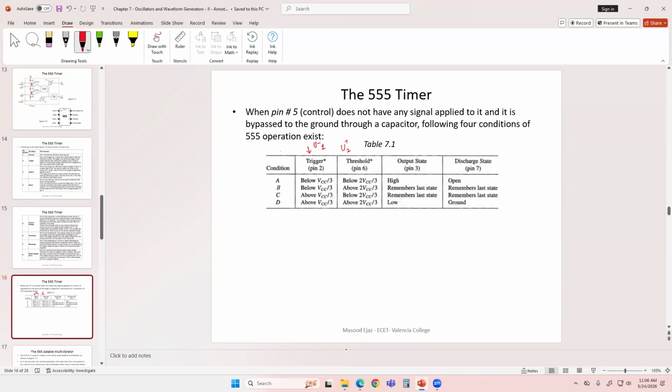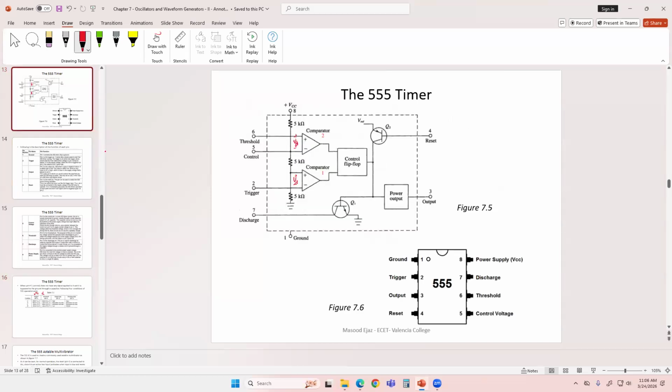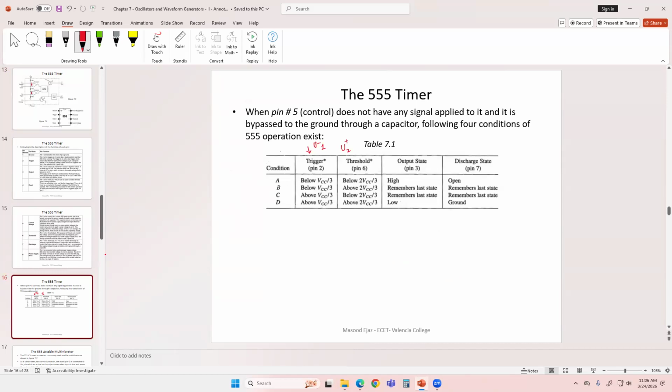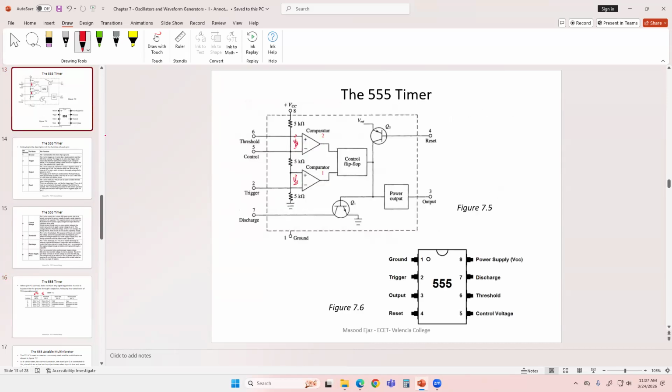All right, so condition A is when your trigger, which is the inverting input of comparator 1, is below VCC by 3, and pin number 6, the threshold, is below 2 VCC by 3. Pin number 6 is threshold and pin number 2 is trigger.